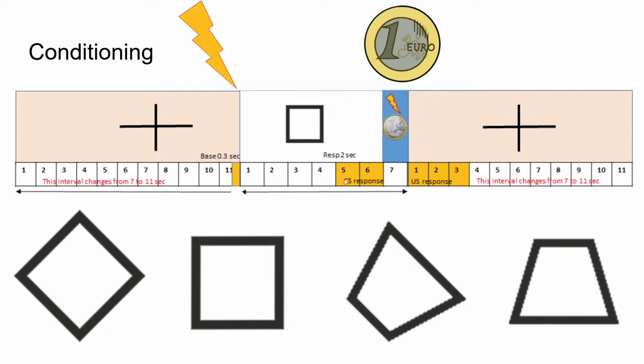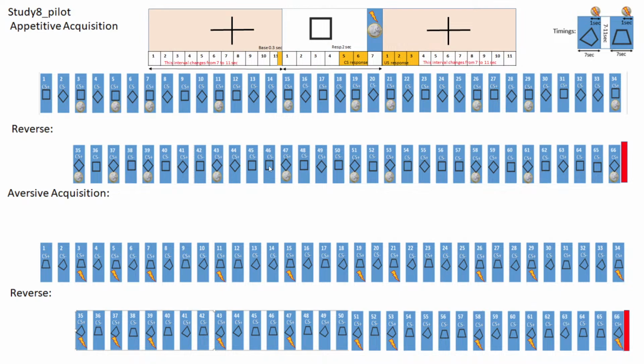Here the responses are shown, the CS response window and the US response window. Here is the baseline. Okay, how it actually looks. So our participants get actually 66 trials. We had the habituation, then questionnaires, and then the actual conditioning phase.